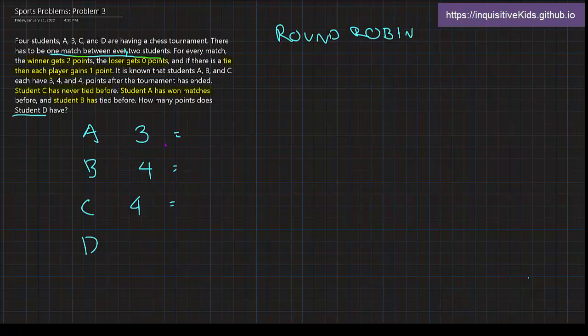Student C has never tied before, so student C cannot have 1s. Student A has won matches before, which means that it has at least one 2, because each winner gets 2 points. Student B has tied before, which means that it has tied at least once. But this doesn't really make sense right now. 3 equals 2, 4 equals 1, what the heck?